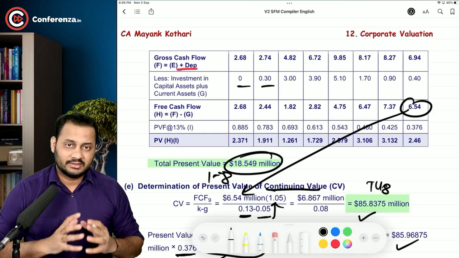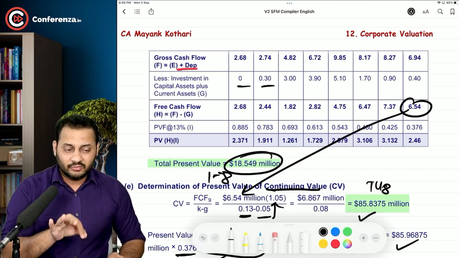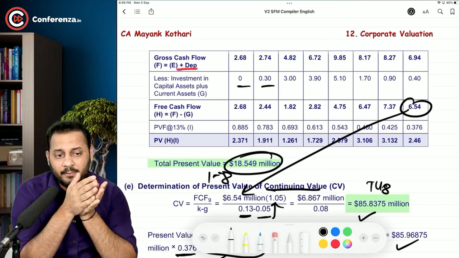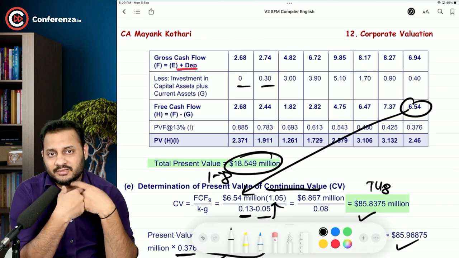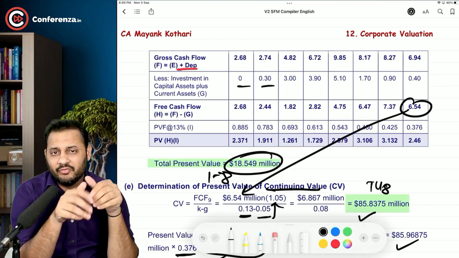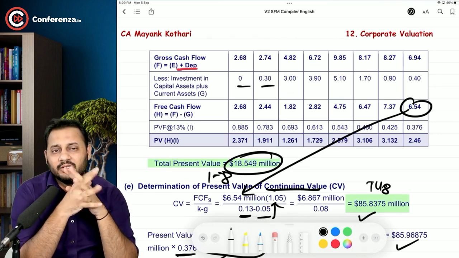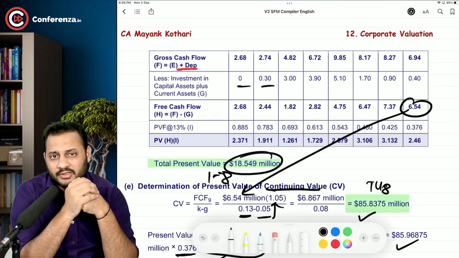What happened in this question is the required current assets was lesser than the existing balance, and that's why instead of removing the current assets, we do not do this, right? If we have an extra balance of current assets, we do not remove it from the company. We just keep it and we will use it for the capital expenditure.